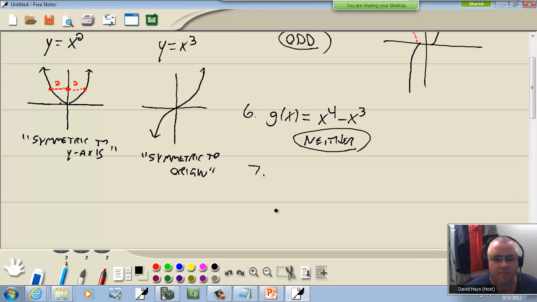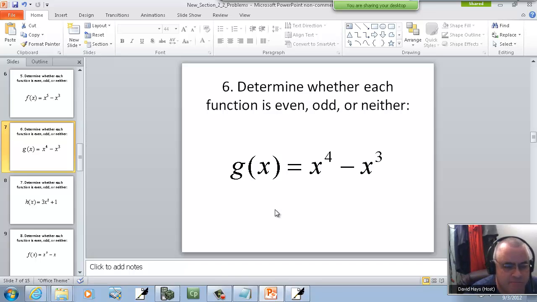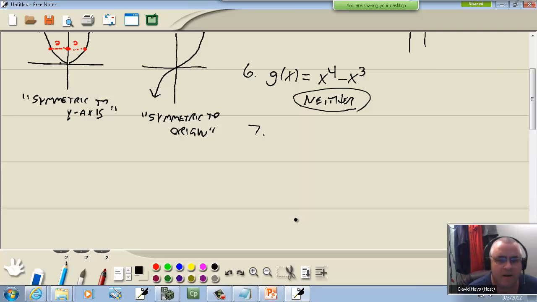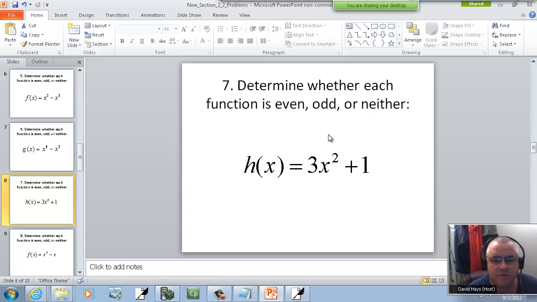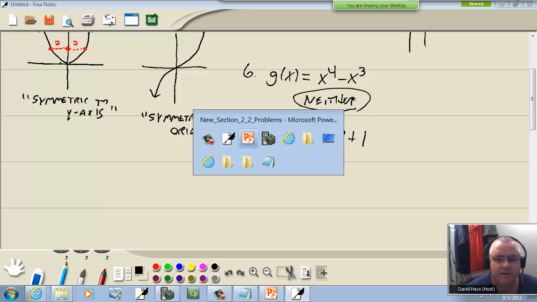Okay, let's look at one more. I mean, we'll look at more than that, but one more, and then we'll look at some of these by hand. Okay, so we've got h of x is equal to 3x squared plus 1. Okay, so let's graph this.